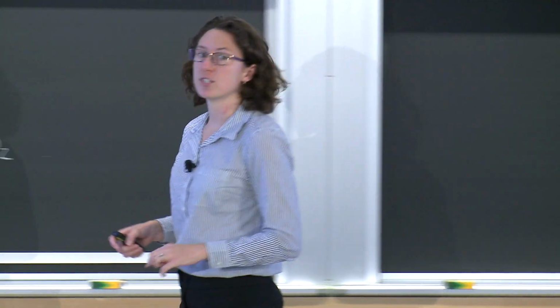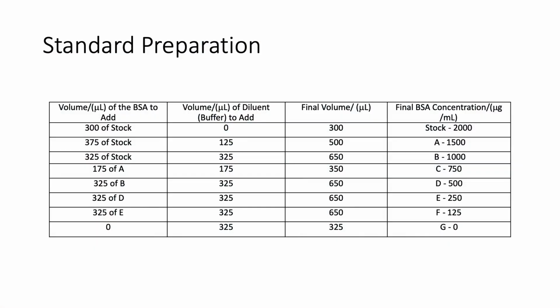The way that we are going to do this in the lab is to prepare standards very similarly to how you did for your phosphate. You will have your BSA stock solution, and the BSA that we're going to be using is in solution form. The stock solution is 2,000 micrograms per milliliter, and you will be diluting it with buffer. So again, it's really important to use buffer anytime that you're working with proteins because of the different structures that we showed you before.